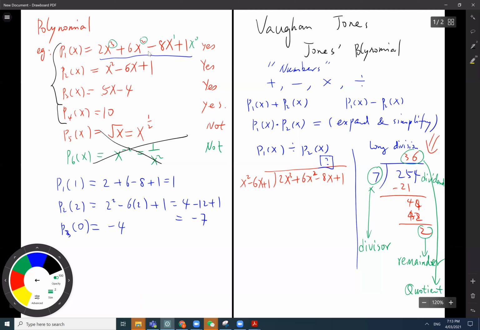So after this one times this, you get 2x^3. Katrina, what's in the box? Times x squared gives you 2x to the power 3. 2x. Very good.